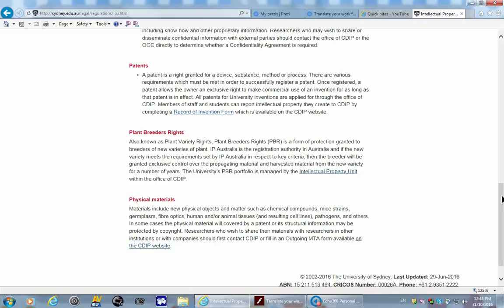The only last thing that I'll mention, if you are a student, and particularly if you're a higher degree researcher, is when you are thinking about your intellectual property, we recommend you have a conversation with your supervisor about background IP, your IP, because a lot of your research might be quite heavily informed by your supervisors and their ideas and recommendations to you.